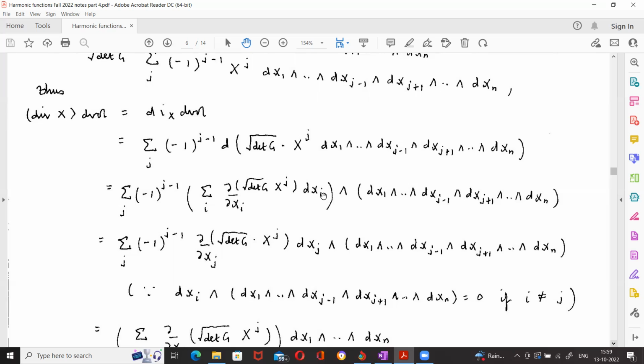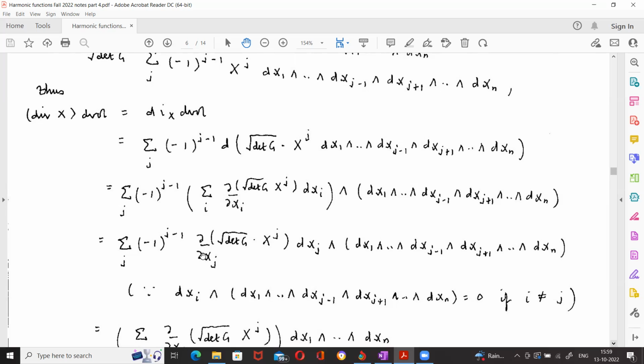Okay. And now I have a sum over i here. But again, if i is not equal to j, then this dxi will be repeated twice here, right? So I'll get a dxi wedge dxi, which is 0. So the only terms which will remain is when i is equal to j.